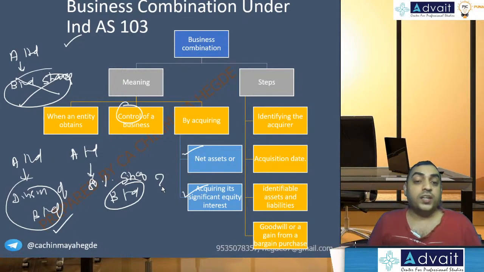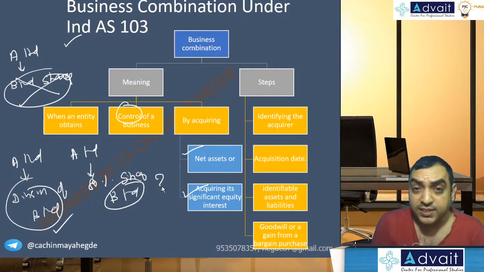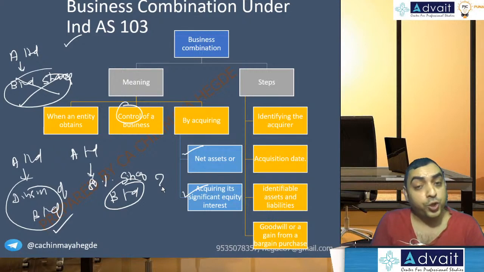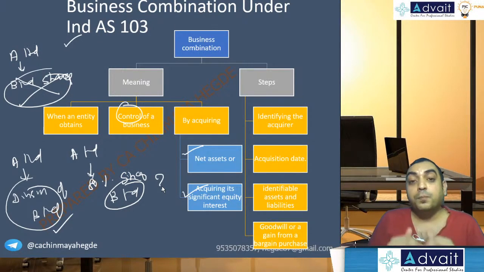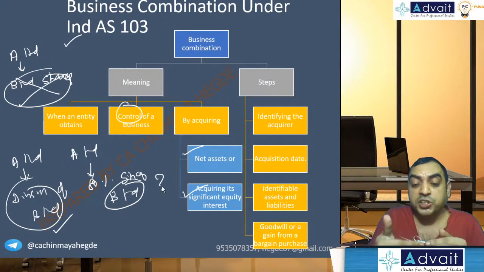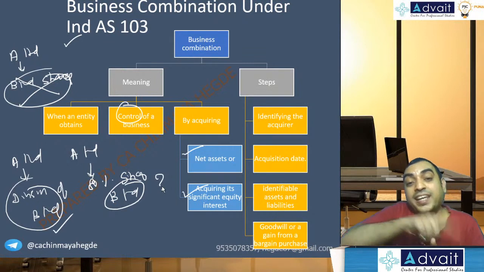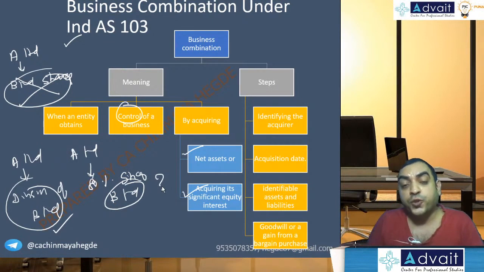Subsequently, Ind AS 110. So what we discussed yesterday, goodwill under the fair value method, goodwill under the proportionate method, all these things are given in Ind AS 103. Multiple acquisition, when acquisition happens in multiple stages, previously held investment should be reassessed and the difference should be transferred to P&L.